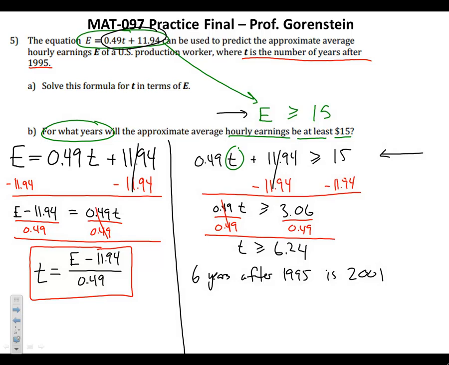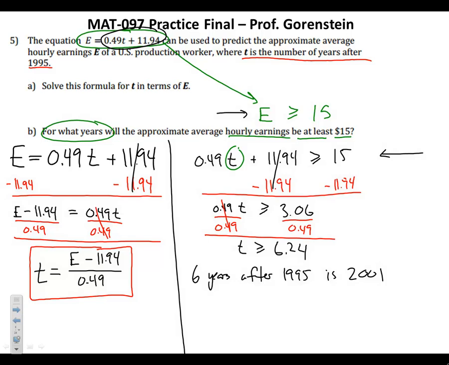So remember, T is the years after 1995. So if T was 6, that would put you at 2001. Since T is a little bit more than 6.25 years, we have to bump it up to the year 2002 because at the beginning of 2001, earnings have not yet climbed to $15. Might be $14 in some sense.